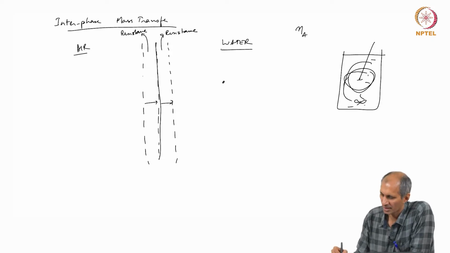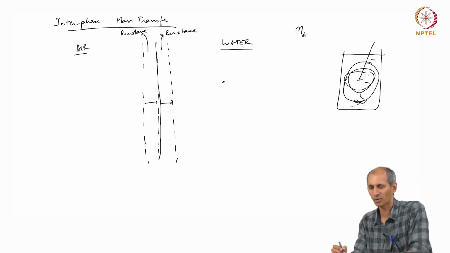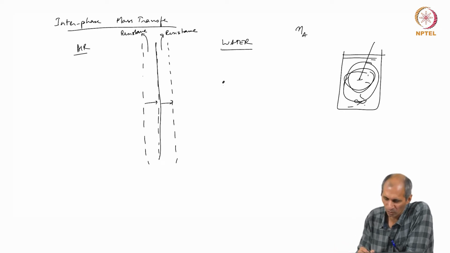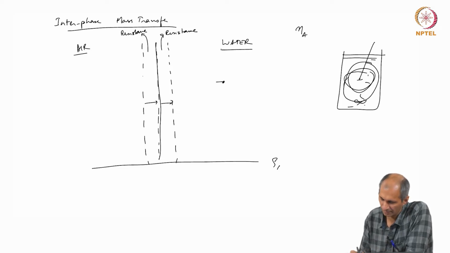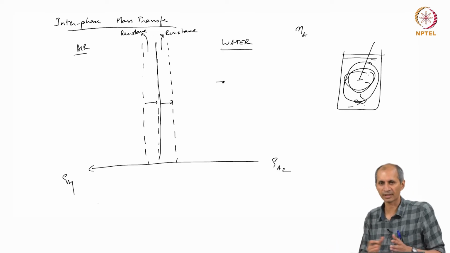So, if you start with this system, is there still an interface mass transfer resistance on the water side? If I do this mixing, how will I plot this? What will this plot look like? This is the scale of the concentration, it is a concentration scale on the x axis.